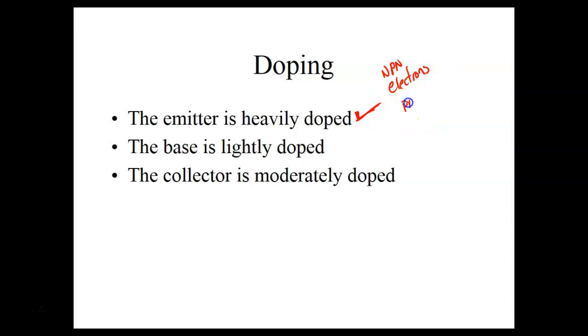If it's PNP, then there'd be a lot of holes ready to move inside it. The base is lightly doped. So if it's an NPN, that's the P material, so it's going to have holes, but only a few holes, not as many as the electrons that are going to be moving. And then the collector is moderately doped.